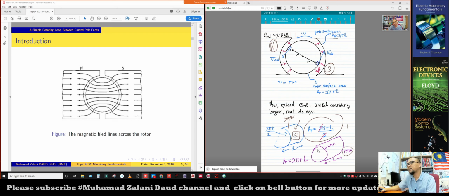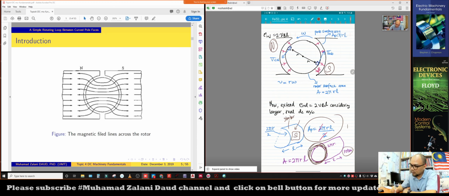Why 2 pi r? Because we are considering the full length, not half, the full perimeter of this round shape that we can see.